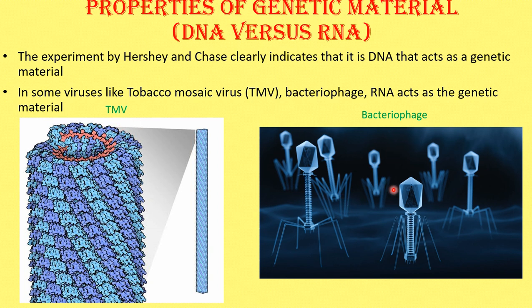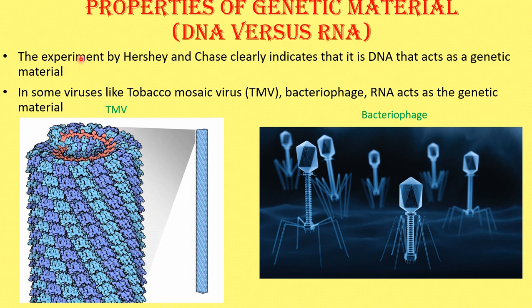Bacteriophages. These are also viruses which attack the bacteria. So bacterial viruses are called bacteriophages. These bacteriophages attack, affect and kill the bacteria such as E. coli, right? So the experiment conducted by Hershey Chase indicates that DNA acts as genetic material.